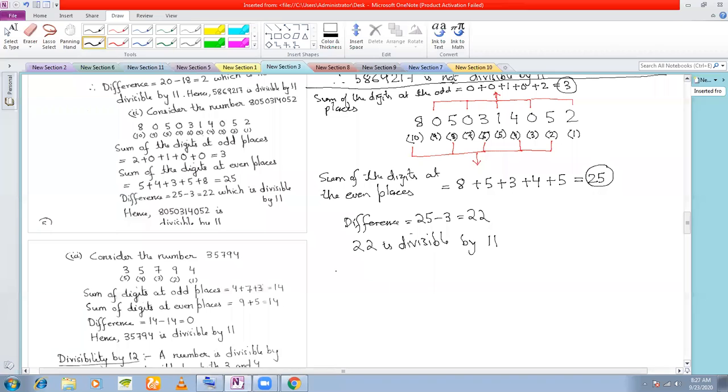So therefore the entire number 80503144052 is divisible by 11. Okay. So that is the rule for divisibility by 11.